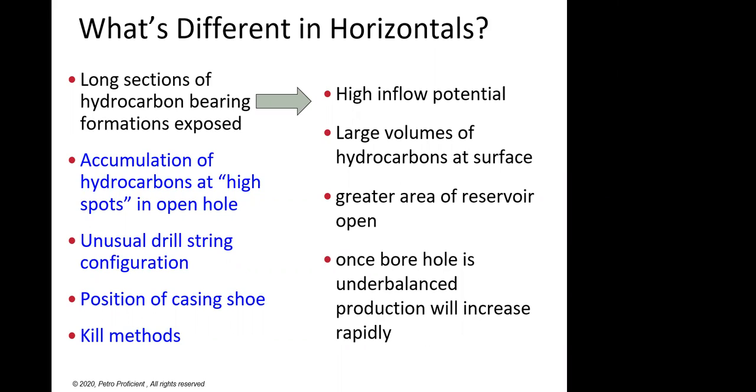What is meant here is that as you unload the well with the hydrocarbons, it will quickly become underbalanced, because you have less mud in the hole and you also have some gas or oil. Then the gas from the formation will rapidly increase, and it will become very difficult to control the well. So this is an important point of concern when you're dealing with horizontal wells.